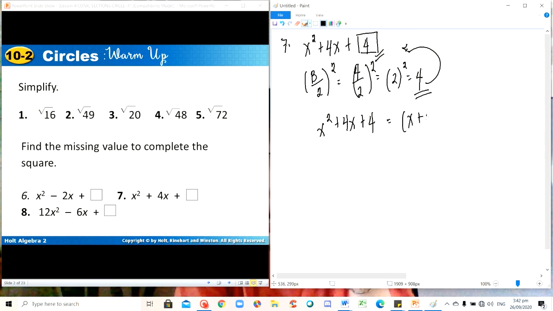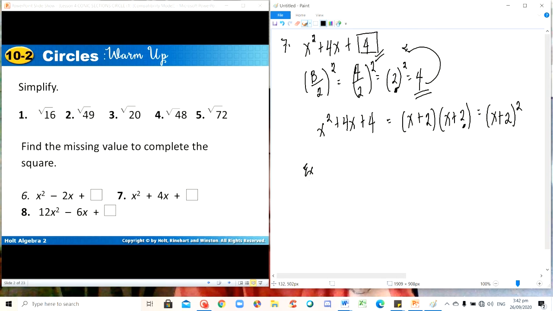That is x plus 2 and x plus 2, or x plus 2 squared. If you notice, this 2 is the quotient of b and 2.